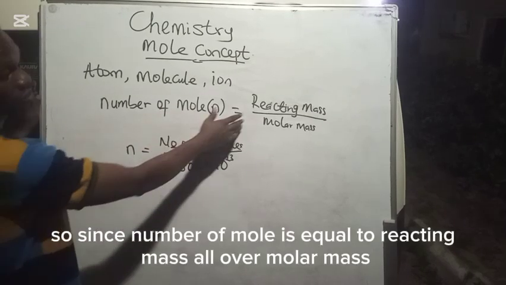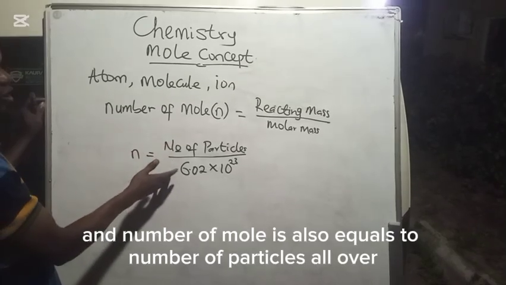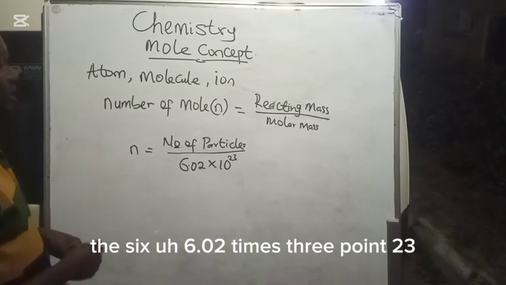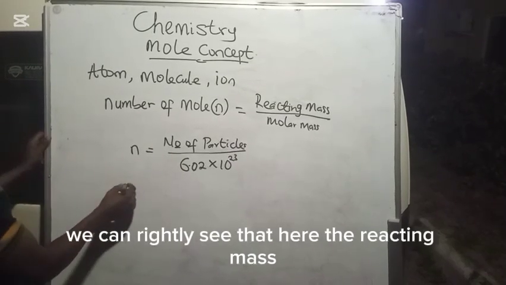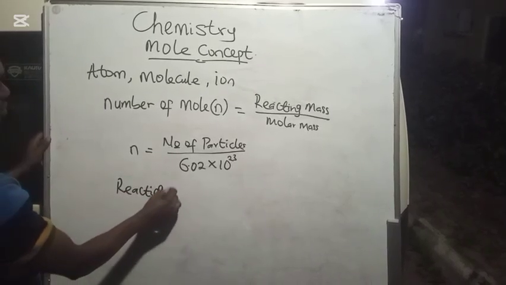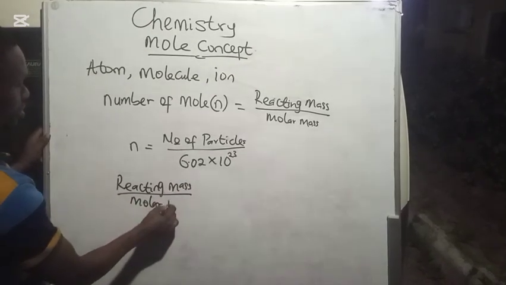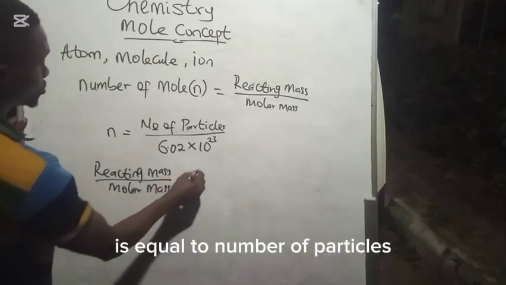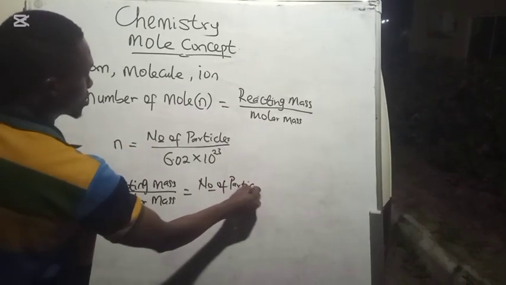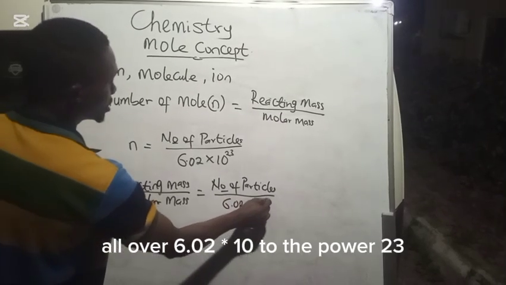Since number of mole is equal to reacting mass all over molar mass, and number of mole is also equal to number of particles all over 6.02 times 10 to the power 23, we can rightly say that reacting mass all over molar mass is equal to number of particles all over 6.02 times 10 to the power 23.